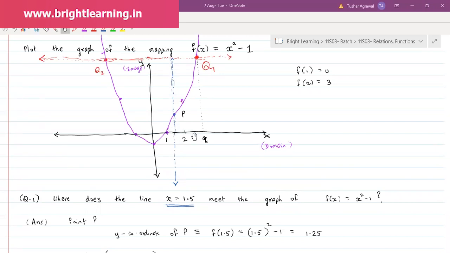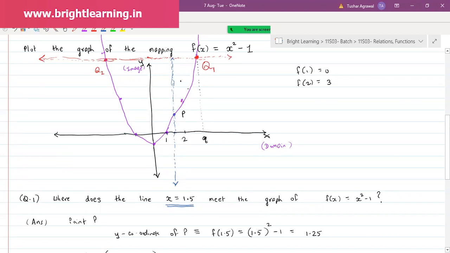Let's say 2 is in my domain. Its image should be a single point above it, somewhere over here. I cannot mark another image of 2. If I mark another point, which is again an image of 2, that will violate the definition of a function.